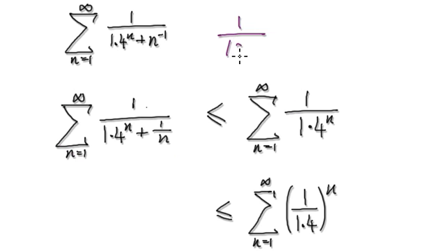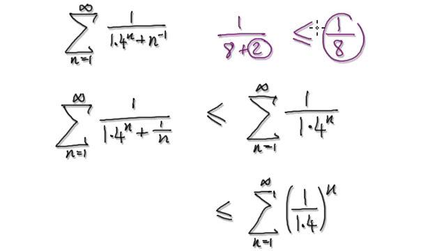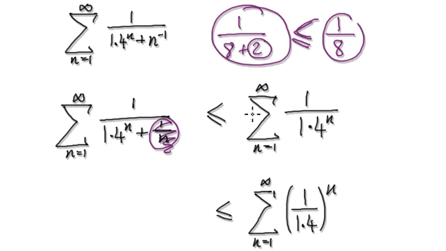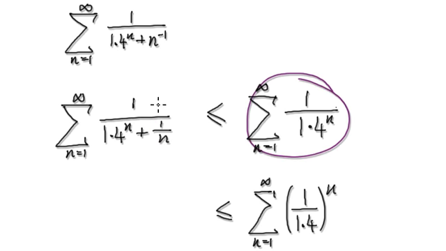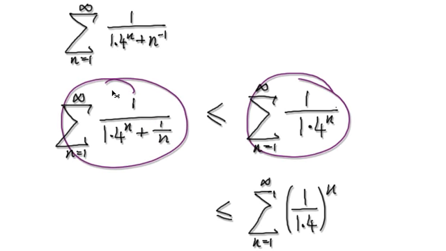It's like me giving you 1 over 10, let's say 8 plus 2. If you remove a small amount from the denominator, then you can say 1 over 8 will be bigger or equal to 1 over 10. So that's us doing this: we're removing this thing here, so we can say this thing is bigger or equal to this thing here.